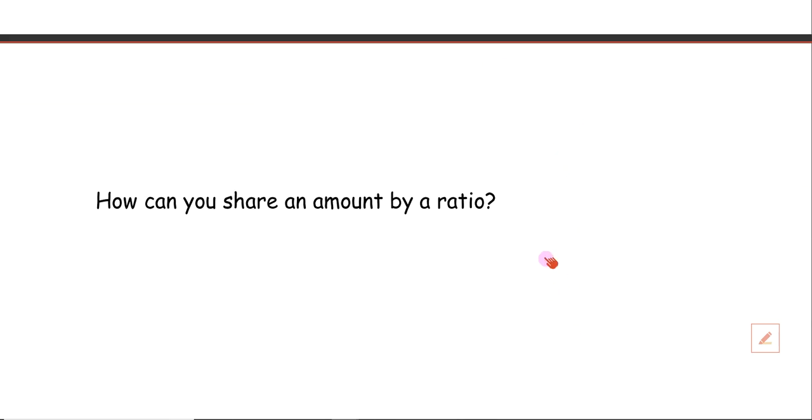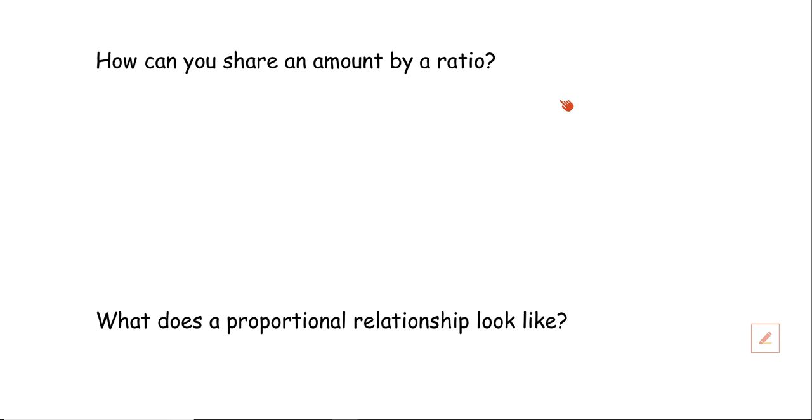Do you remember how to share an amount by a ratio? Nick? The example is like the Tom and Sean one. Tom and Sean, yeah. If Tom cleans 7 windows and Sean cleans 5 windows and they make $48, Tom will get more because he cleaned more windows. Good, yeah. So Tom deserves more. He did more work, potentially.